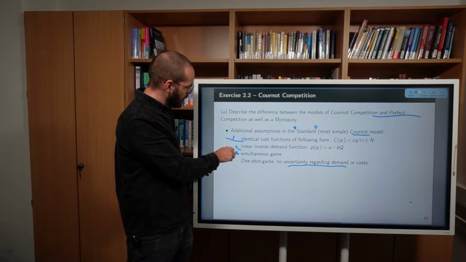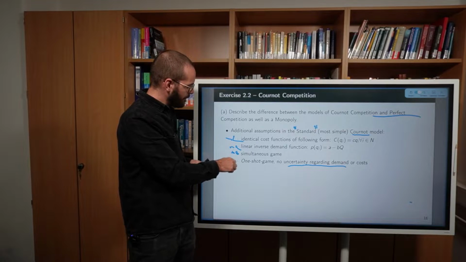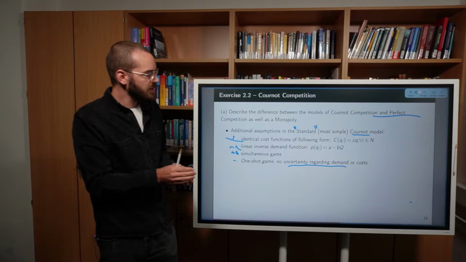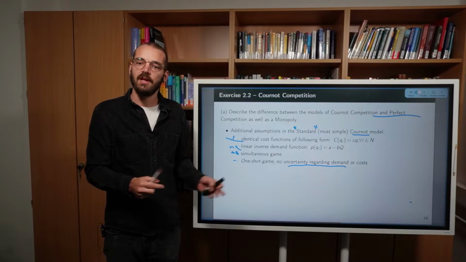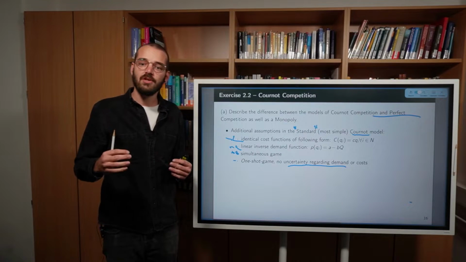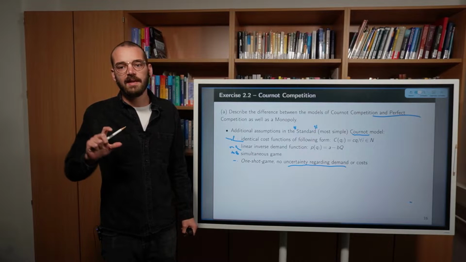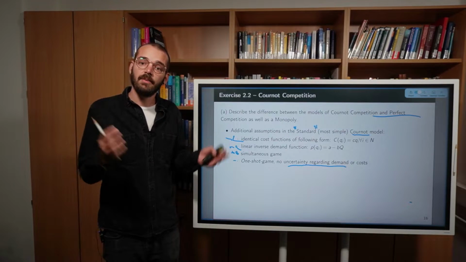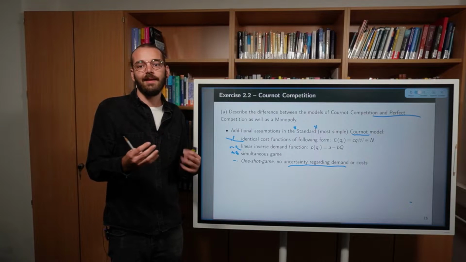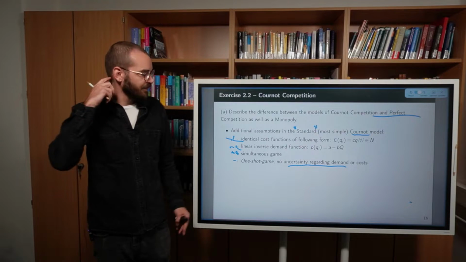For every one of these bullet points, you can consider an alternative model where we simply drop the respective assumption, and you will see that the outcome changes and that the model becomes ever so slightly more sophisticated and complicated and can accommodate maybe a little more realism, right?